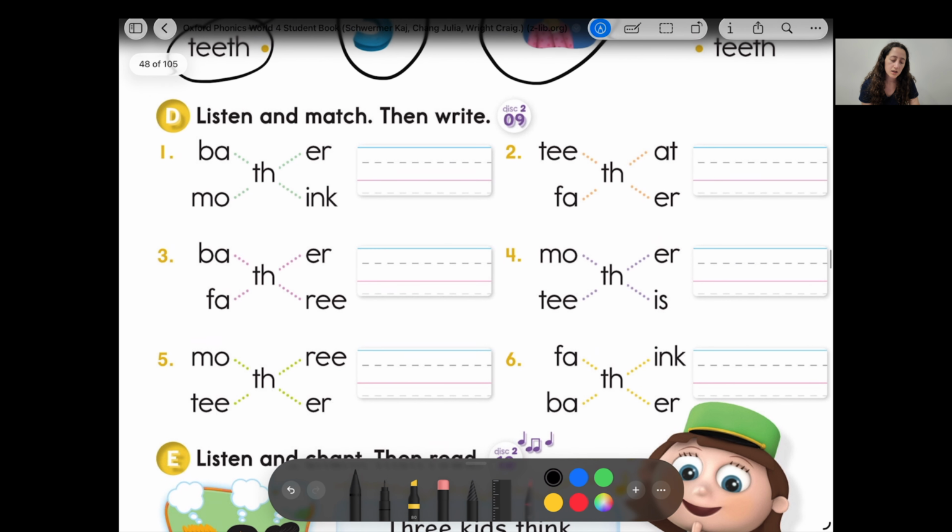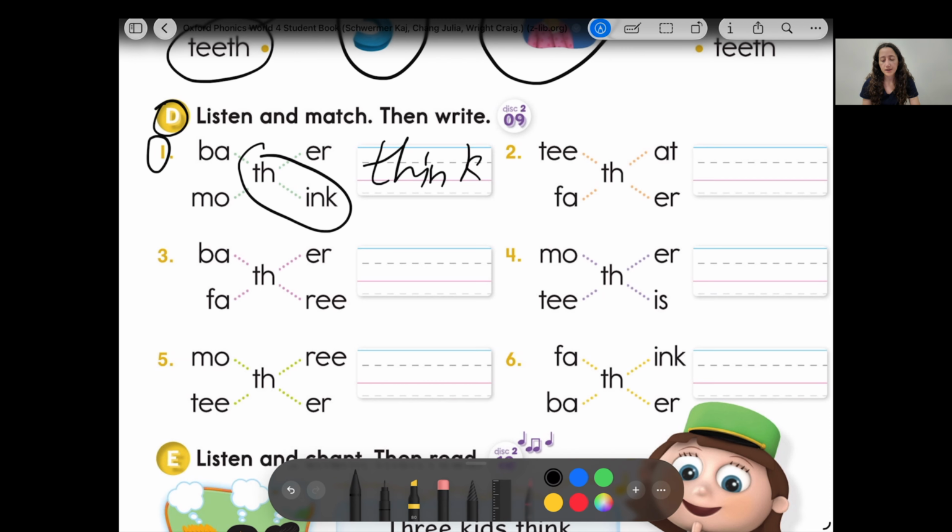Good. Number 1, think. This is think. Number 2 is that. Number 3 is three.